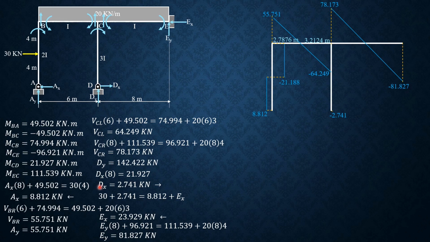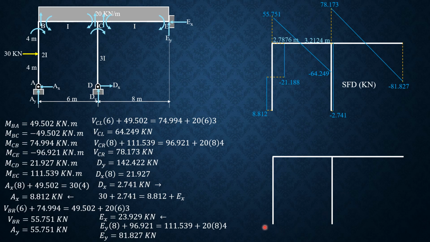So Dx is negative, so Dx down, negative 2.741, then straight up. So the area is negative, then it should close there. So that's the shear force diagram. We will have this distance later in preparing the moment diagrams.